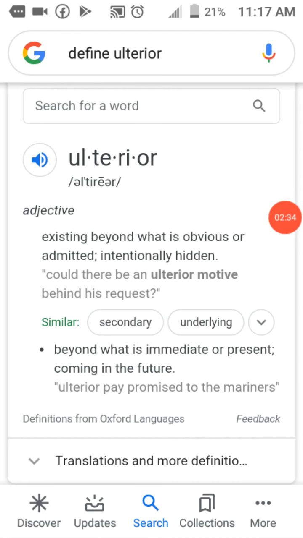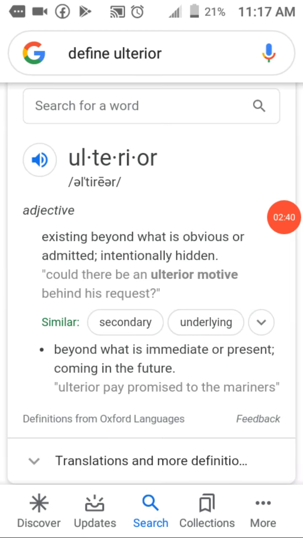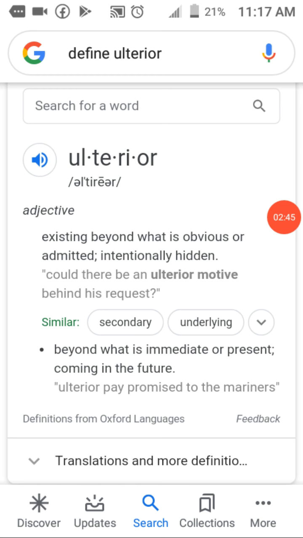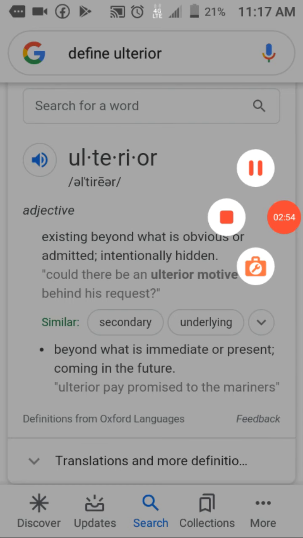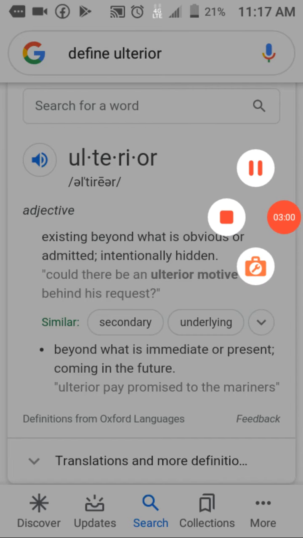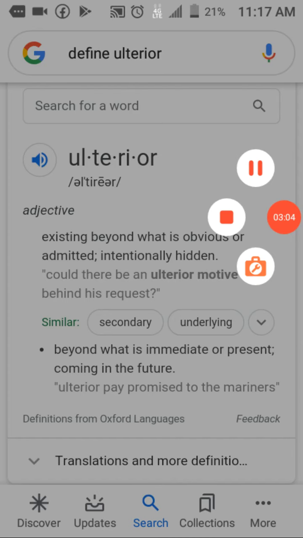Doctors are actually intentionally hiding things from patients, and that's because they don't explain illness and disease and medicine and biochemistry, and they lead you to believe you have a disease when you may have several other kinds of diseases that cause you to appear to have a certain disease. So it's existing beyond that. It's ulterior.